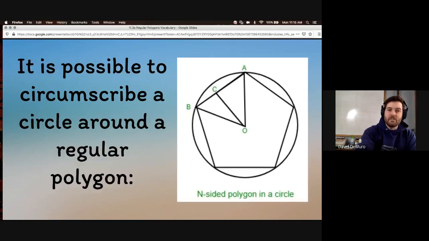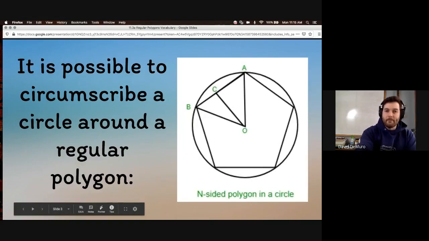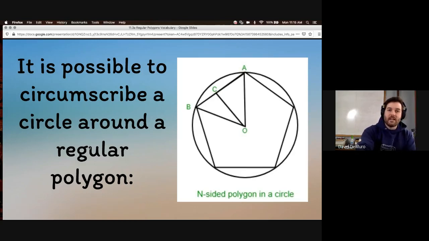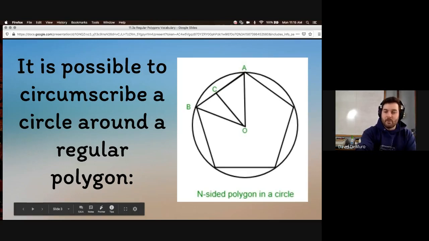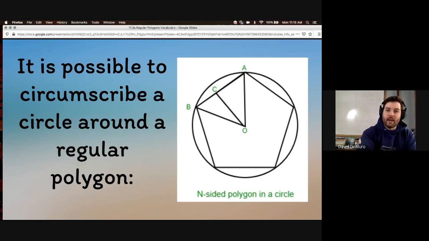Now there are some specific parts that we're going to learn about, but a couple important things about regular polygons. One of them is that it's possible to circumscribe a circle around a regular polygon. That means if you have a regular polygon that's both equilateral and equiangular, you can always put a circle around that polygon that'll touch every vertex one time.